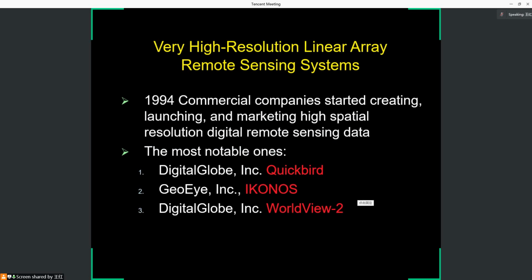They use the linear array detector, such as QuickBird, IKONOS, and WorldView.